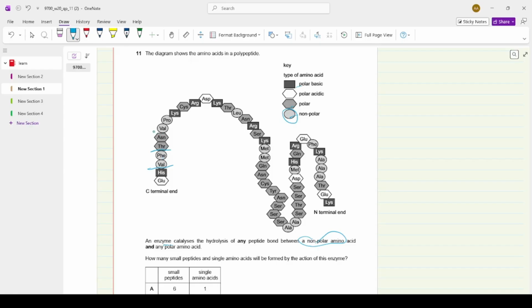Another cut will be between asparagine and valine. Then another cut between lysine and proline. Then we have another non-polar here. This is leucine and asparagine, so another cut here. Then where are we having another cut? I think between this methionine and glutamine.